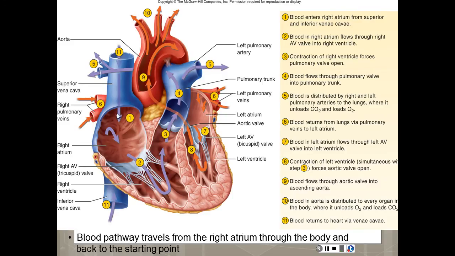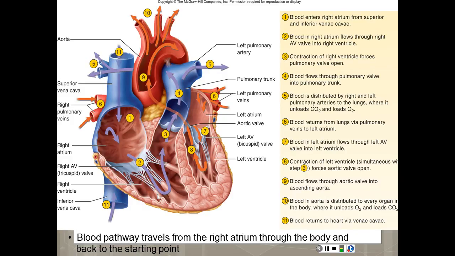Coming from the extremities, from our organs. It's coming into the heart. When it comes into the right atrium, it flows through the right AV valve, our tricuspid valve, into our right ventricle.